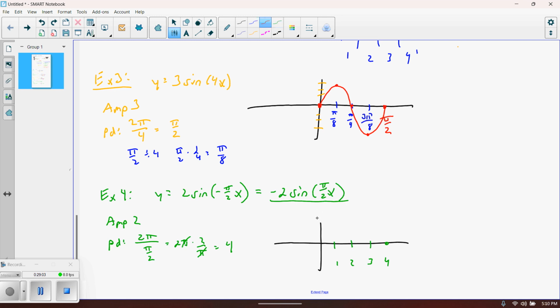We know that this thing has an amplitude of 2. And it's going to be reflected. So instead of going up first from its midline, it's going to go down to the minimum at -2, back through the midline, up to the maximum, and then back down to the midline. So it's going to look something like that.